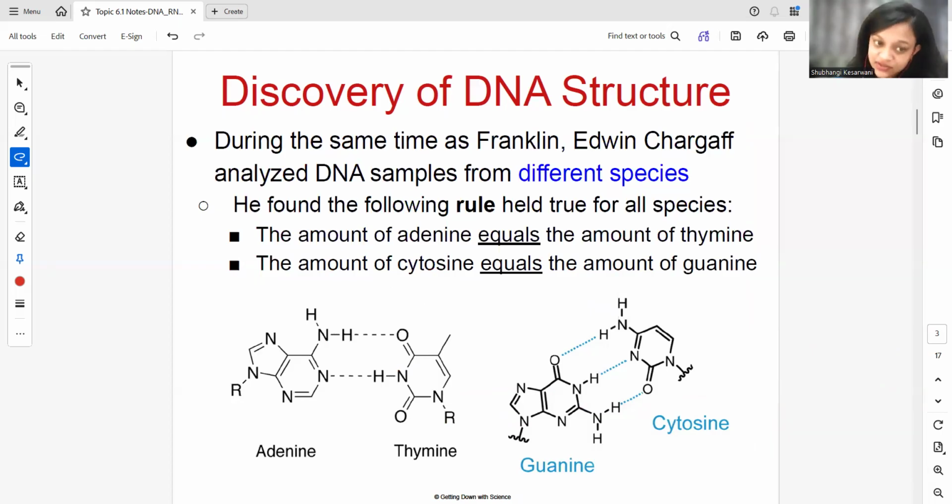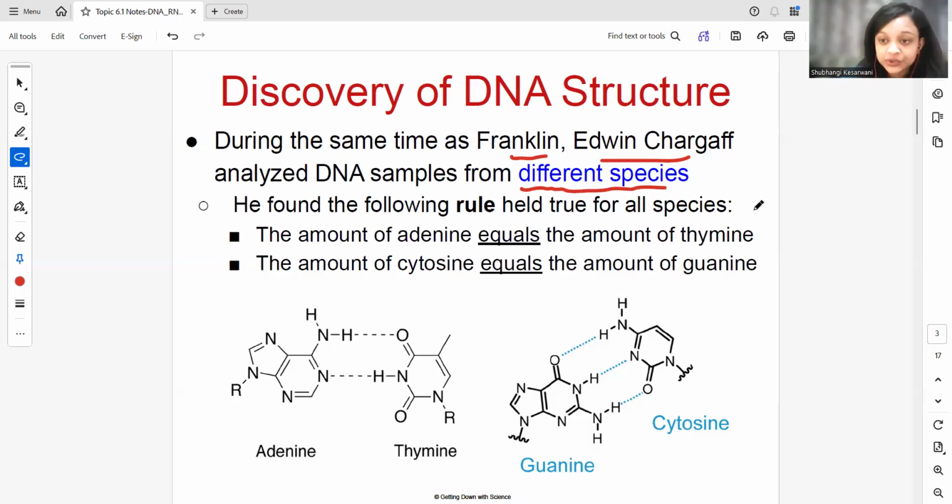Later on, another scientist also came along with Franklin. His name is Edwin Chargaff. He studied the DNA of many organisms and analyzed the DNA samples from different species. And he found something very shocking. What was the shocking part?